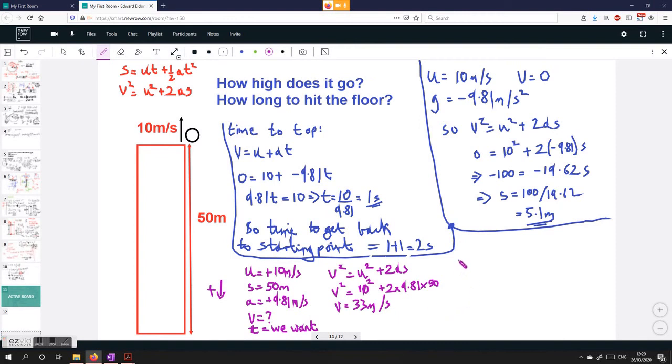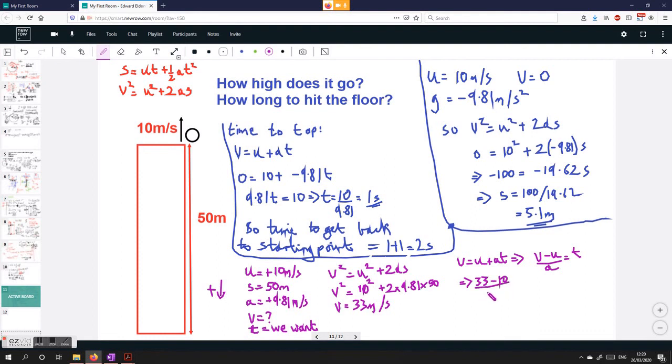We can now use that figure and put that into the equation v equals u plus at to get a value for the time of flight from the top of the building to the floor if it starts off at 10 meters per second moving downwards, which it does. Rearranging and putting in the values gives us a figure of, I'm going to just write it out.